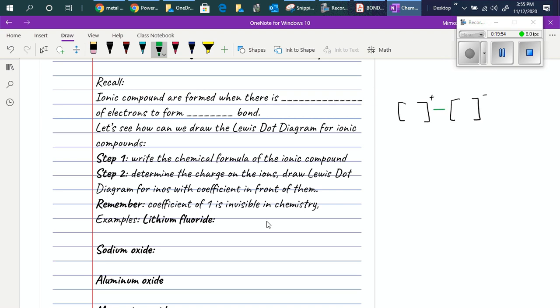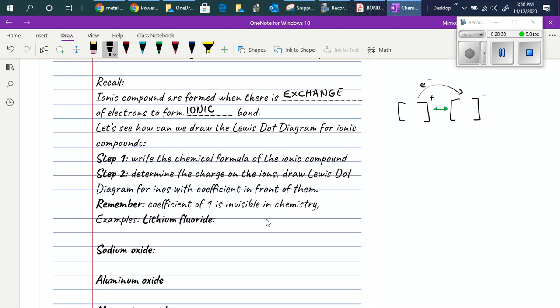And in between those 2 exists what is known as the electrostatic force, because 2 opposite charges attract each other. They will attract each other to form an ionic bond. So ionic compounds are formed when there is an exchange of electrons. One is losing, the other is gaining electrons to form the ionic bond. And this force that exists between those two is relatively strong.